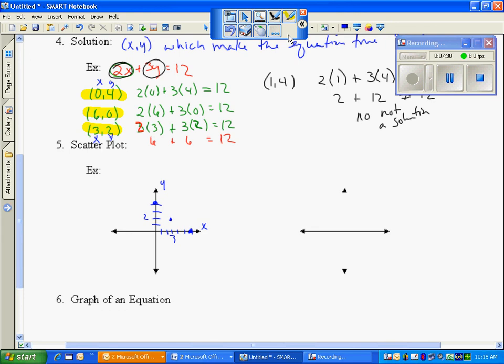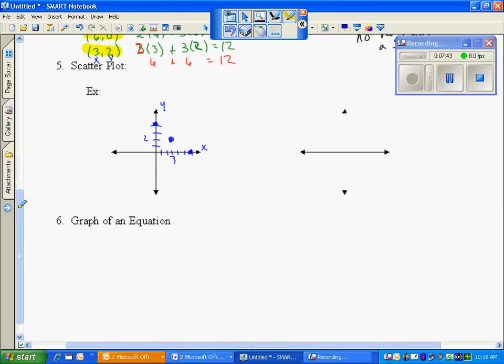Are those the only solutions? No, there's actually infinitely many solutions. So when we look at a graph of an equation, we're not looking at just individual solutions that I found. We're going to get a picture of all solutions.